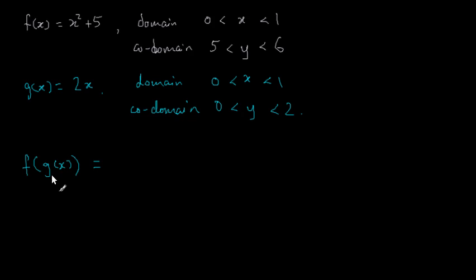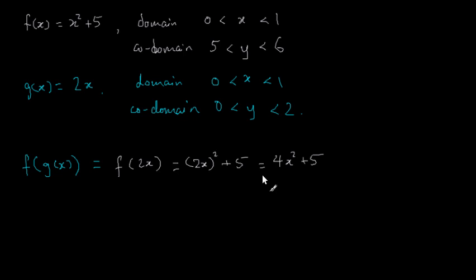So g(x) is 2x. So this gives f(2x), and f is x squared plus 5. But now I have 2x in the place of x. So to find the expression, I should substitute 2x into the x here. So this gives (2x) squared plus 5, which is 4x squared plus 5.